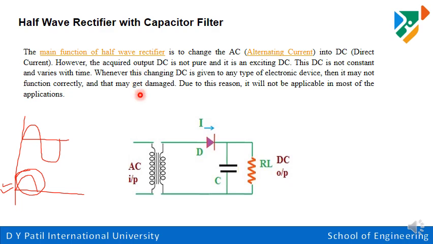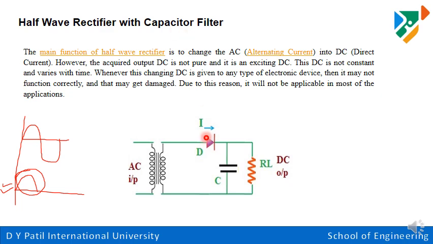The pulsating DC mainly includes both AC and DC components. The filter is used to remove or reduce the AC components at the output. The filter can be built with the help of a capacitor, resistor or inductor, or a combination like capacitor-inductor, capacitor-resistor.